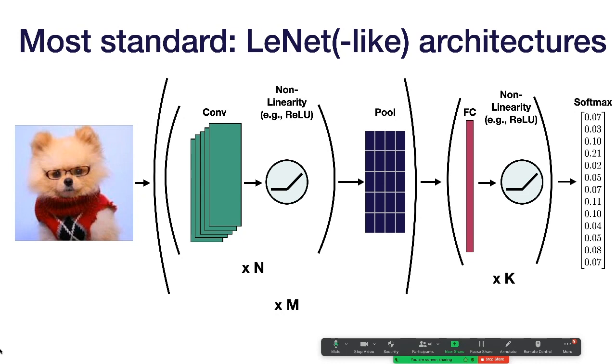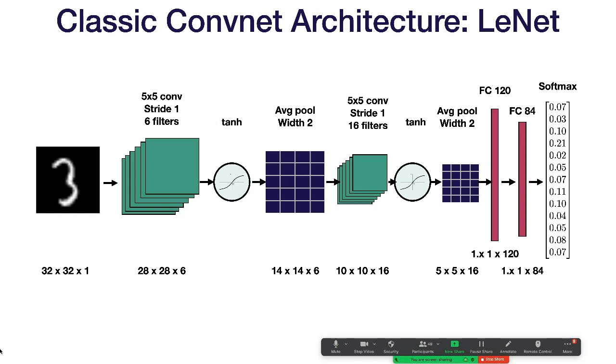And so the most common iteration of this that you'll see is the actual LeNet architecture. In this case, this is used for MNIST. Your input is 32 by 32. You use 5x5 convolutions, stride of 1, 6 filters, a very small number of filters.